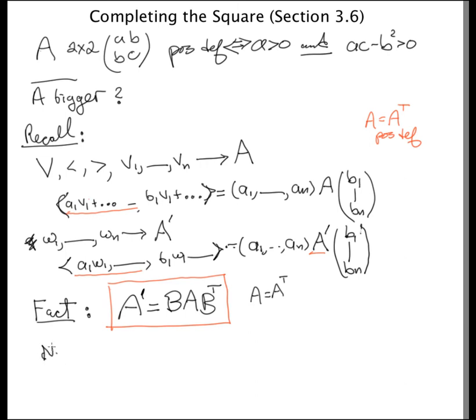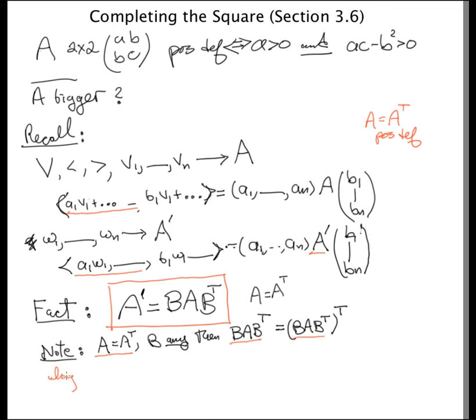And here's a helpful fact, that if A is symmetric and B is anything, then B A B transpose is symmetric, which is to say it's equal to its transpose. So this says A is symmetric, and this says B A B transpose is symmetric.